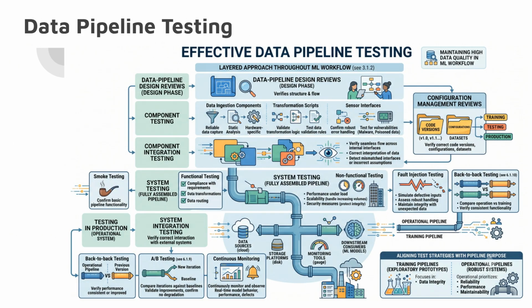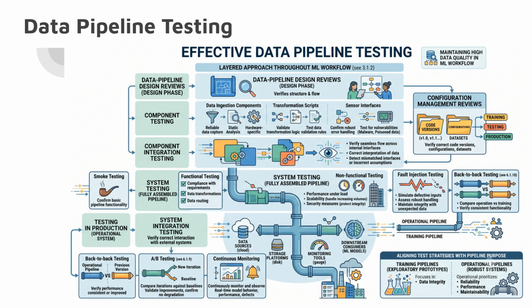Effective data pipeline testing is essential not only for confirming the reliability and performance of data-driven systems, but also for maintaining high data quality throughout the entire ML workflow. A layered approach is employed, beginning with data pipeline design reviews during the design phase. Component testing includes testing of data ingestion components, transformation scripts, and sensor interfaces.